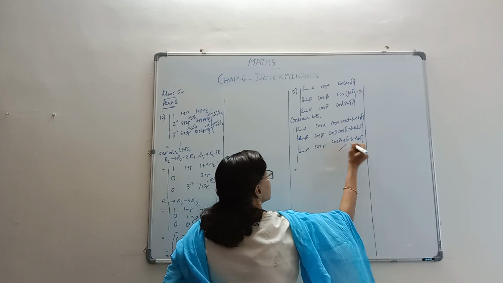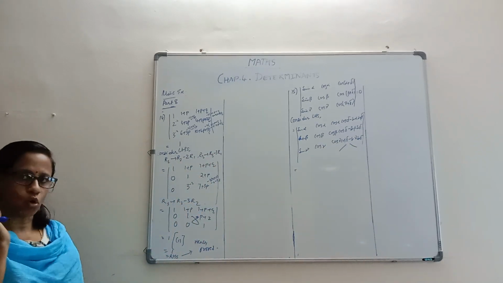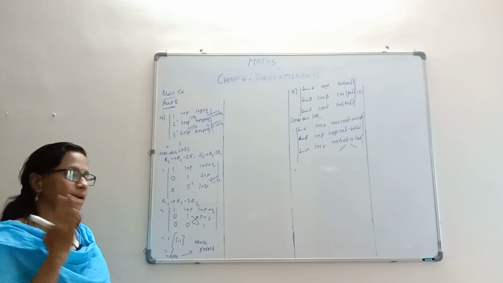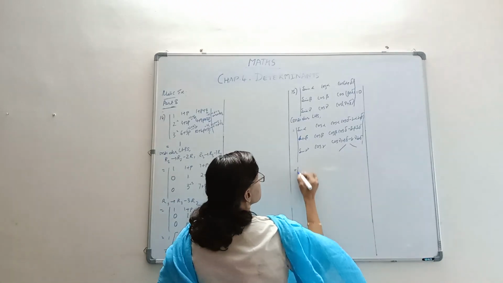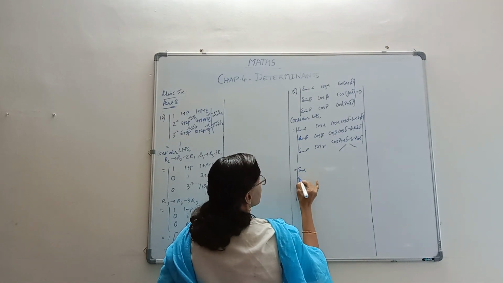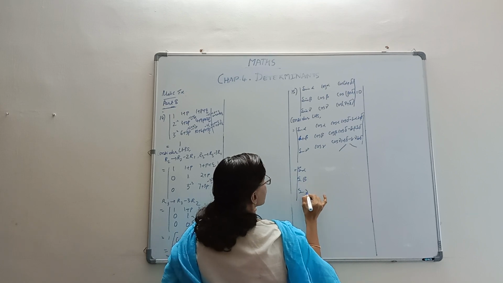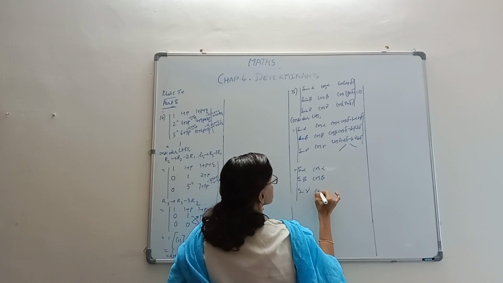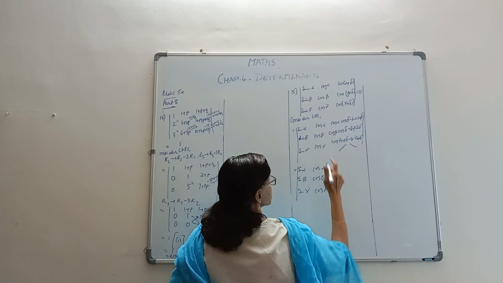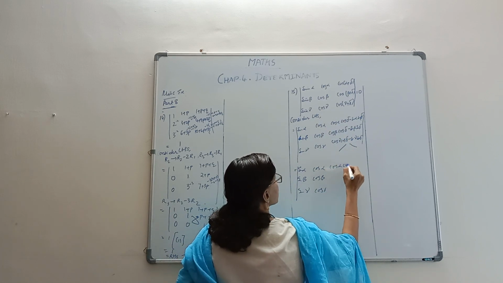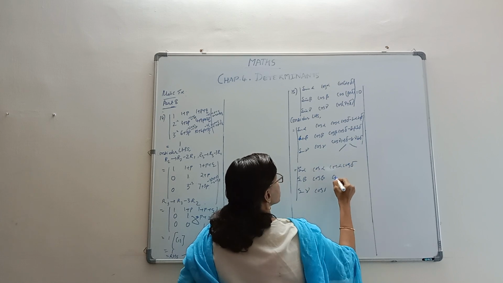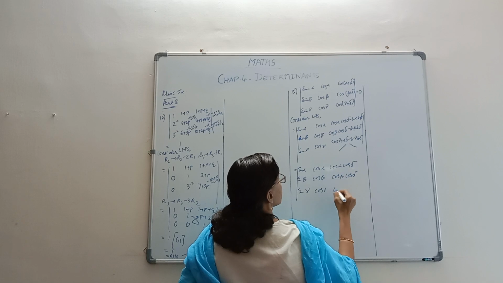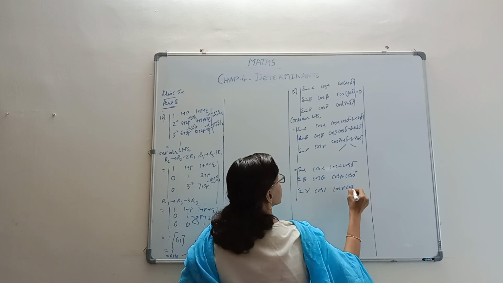Now we have learned earlier that if at all one row or one column has got addition, then you can break it into 2 parts and manage the determinants like that. So our first part is going to be sin alpha, sin beta, sin gamma, cos alpha, cos beta, cos gamma, and the first part of this, that is cos alpha cos delta, cos beta cos delta, cos gamma cos delta.